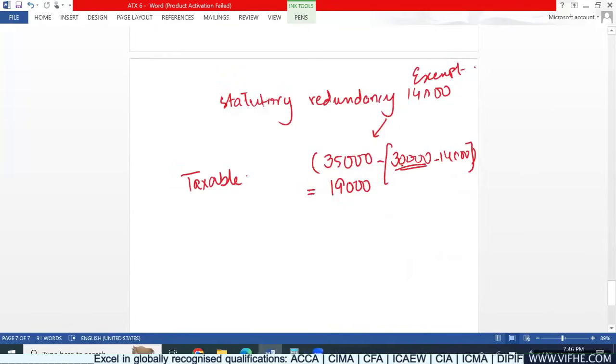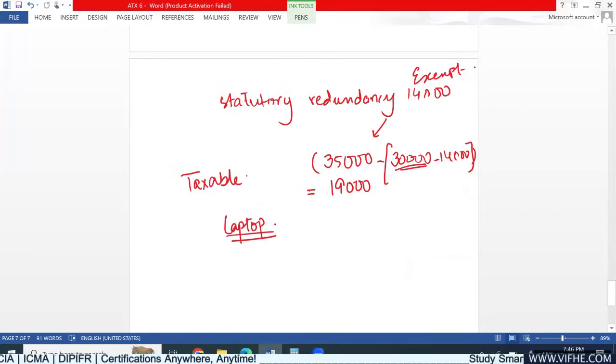Now the next thing is that, as not just the statutory redundancy payment and the non-contractual payment are made to Esla, she is given a laptop computer as well. So I will be applying exactly the same rules as we apply on employment income benefit calculation, that whensoever an asset is gifted to someone, then what is going to be the taxable value.